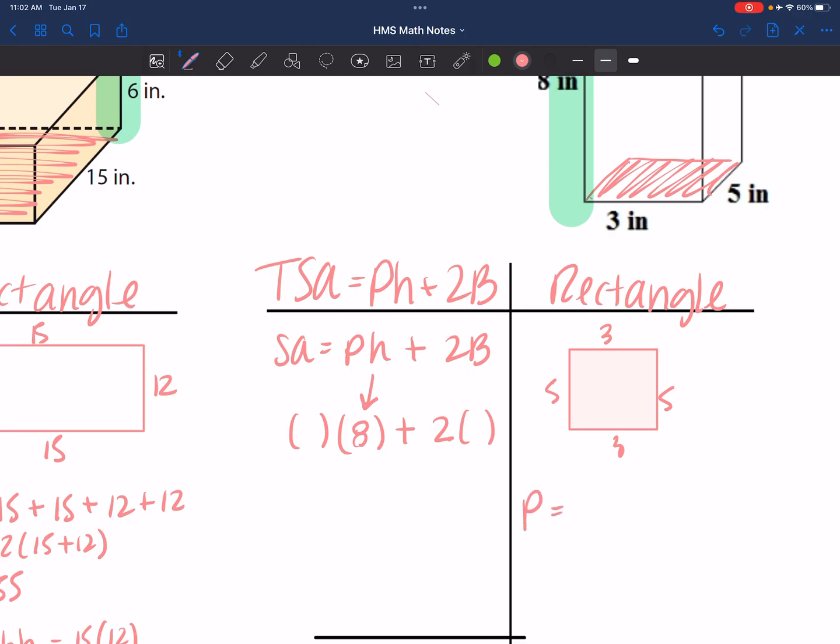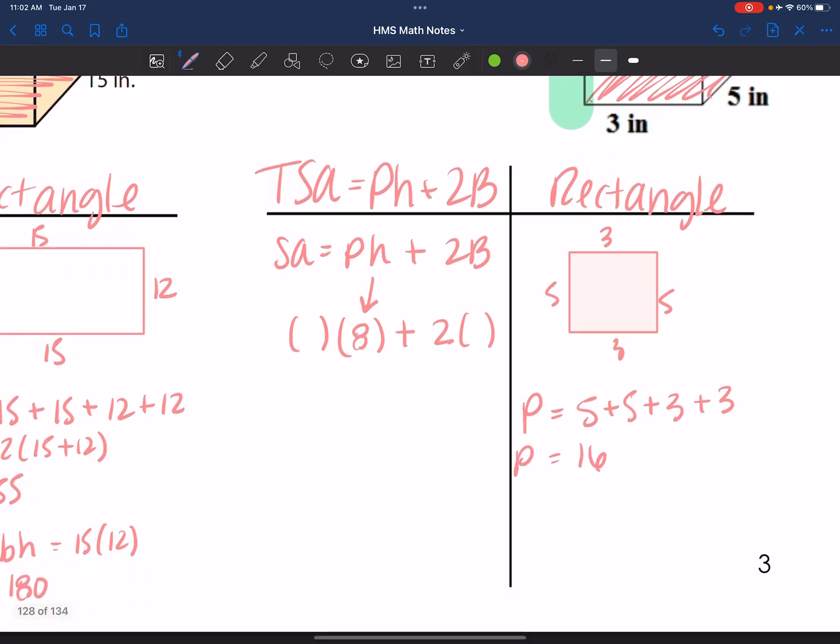Find perimeter first by adding all the sides together. Then finding area of the base, which I know to be length times width, or lowercase b times h, base times height, which is 3 times 5, which equals 15.